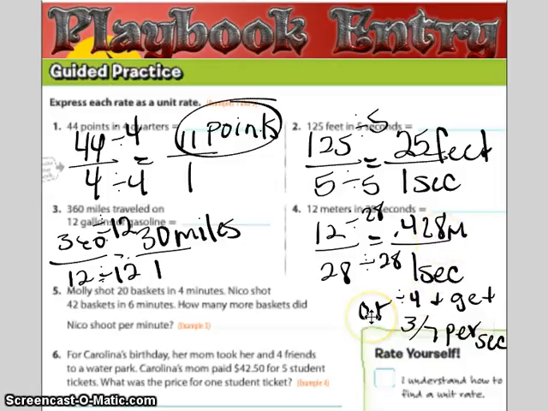Or you can reduce 12/28 to 3/7 by dividing by 4, and you get 3/7 per second, which is the same thing as this decimal, because this decimal is roughly this fraction. So either way, you can do one or you can do both.